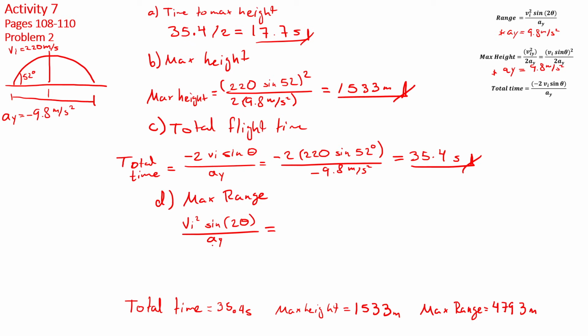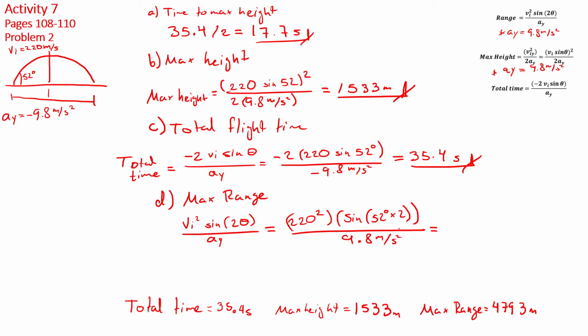Because if you use negative, the distance will be negative, and that doesn't make sense because this distance is positive. So it will be initial velocity 220 squared times sine of the angle 52 times 2, all that divided by 9.8 meters per second squared.